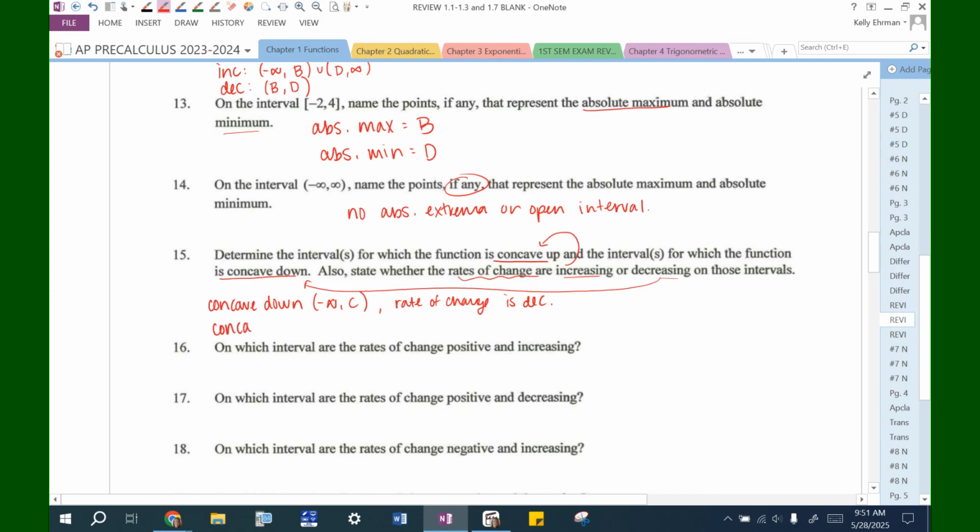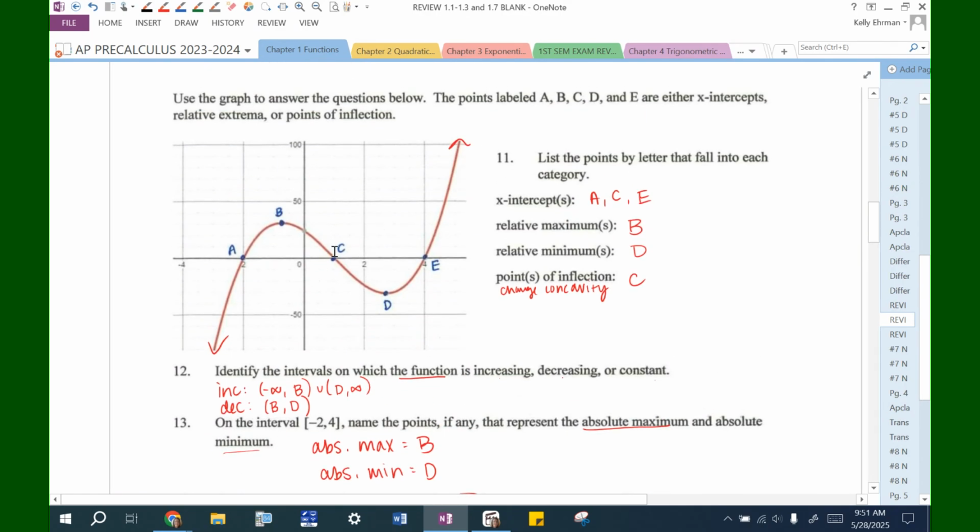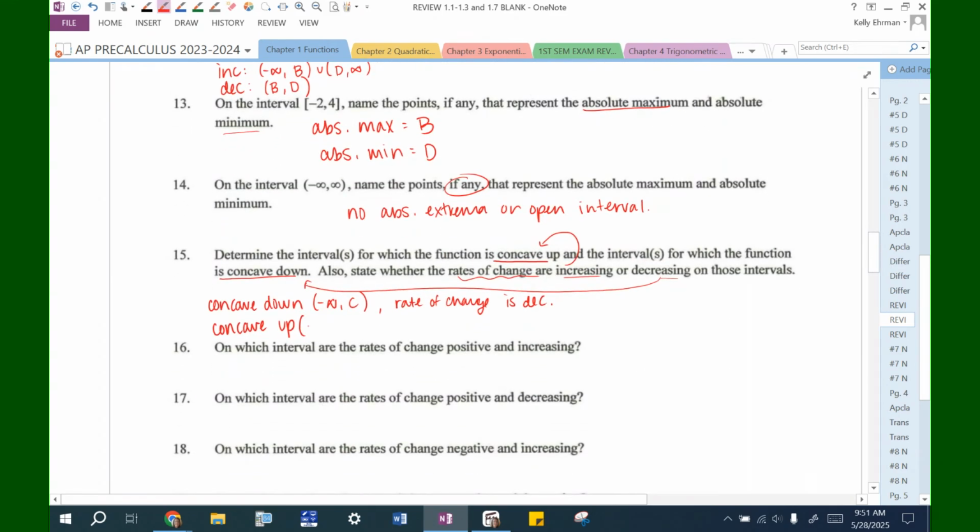And then concave up, just double check my picture again. Yeah, from C to infinity, this whole graph is concave up. And that means that the rate of change, because it's concave up, rate of change is increasing.